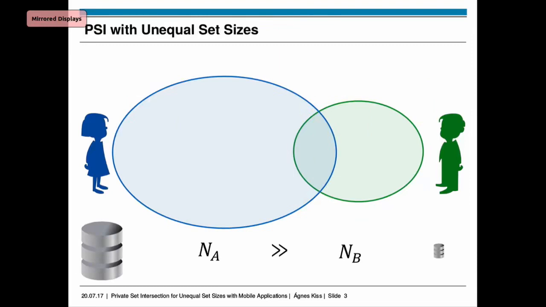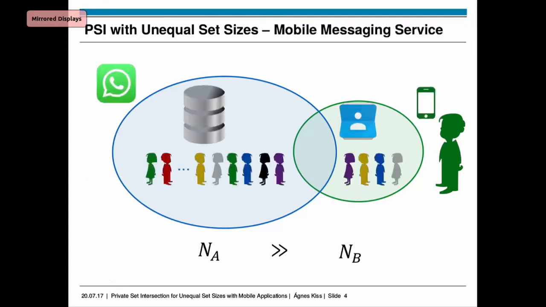However, we can imagine certain scenarios where Alice plays the role of a server, which has a huge database, and Bob is a client, and Alice wants to provide the service to Bob, and he has a much smaller number of elements in his set.